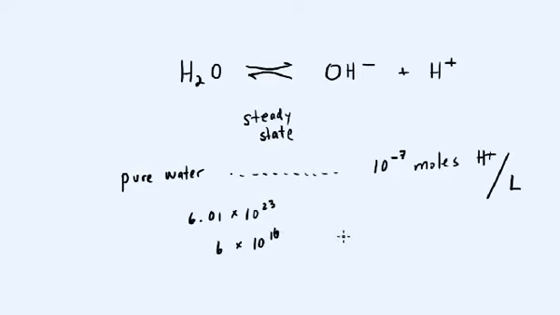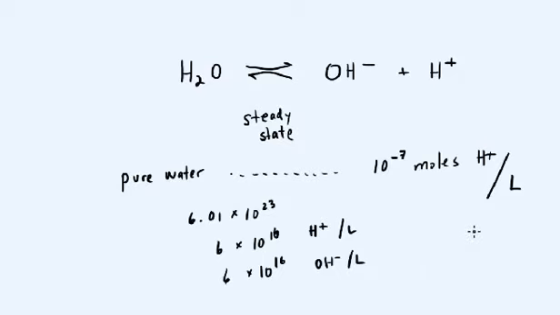It's basically 6 followed by 16 zeros. That's the number of hydrogen ions there are per liter of water. And there are also 6 times 10 raised to the 16th power hydroxide ions per liter. And these two things are in balance.